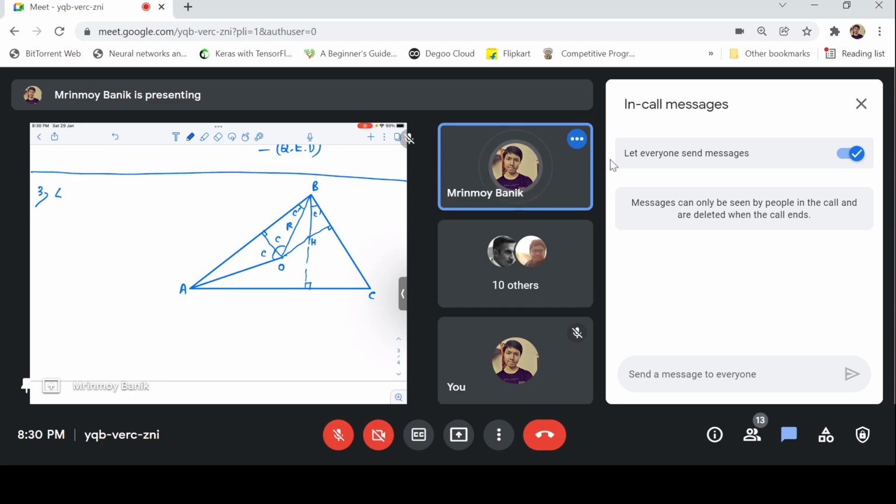So angle OBH is equal to B minus twice angle C dash. So it's B minus twice (90 minus C).